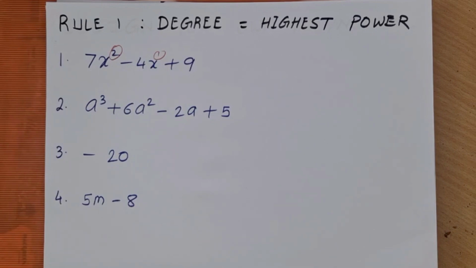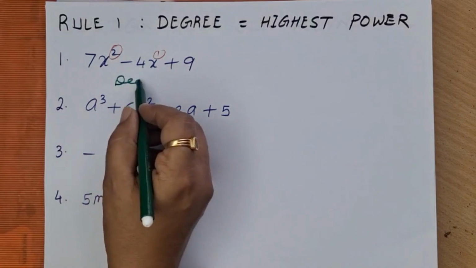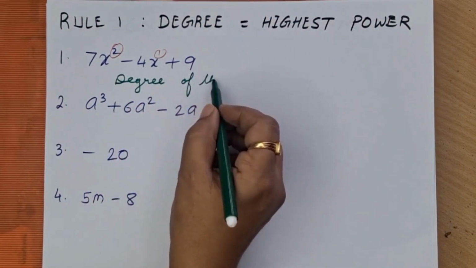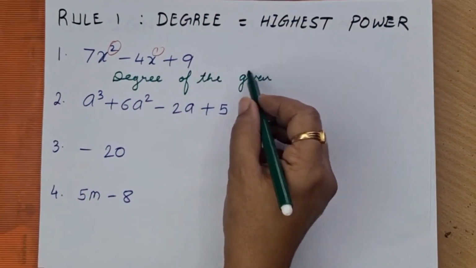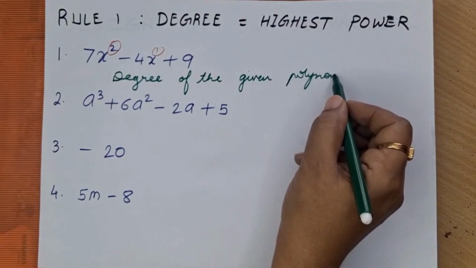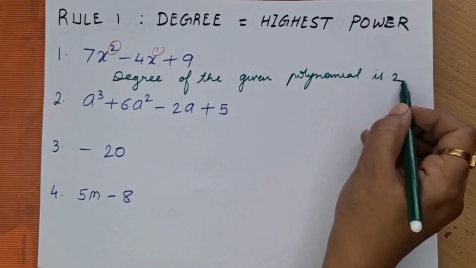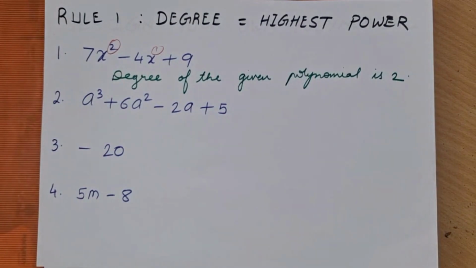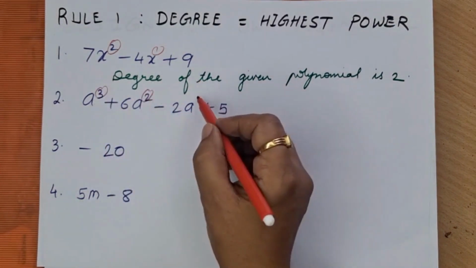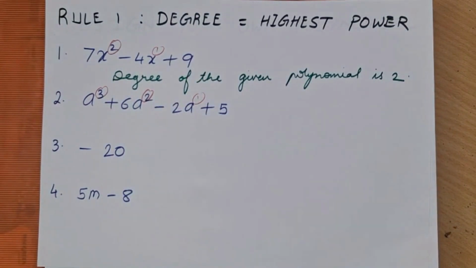Super easy, right? So, let us write the answer. Degree of the given polynomial. This is the correct way of writing the answer. Degree of the given polynomial is 2. Now, example 2. Look at A. We have powers 3, 2 and 1.